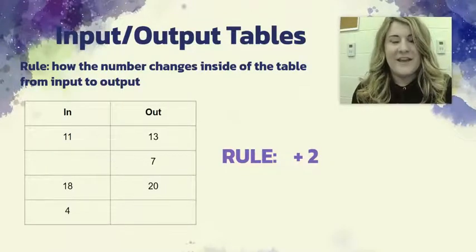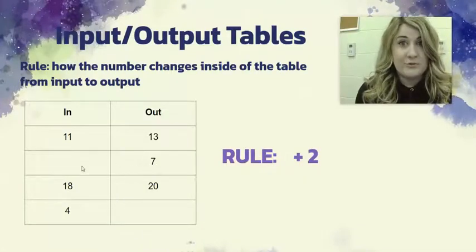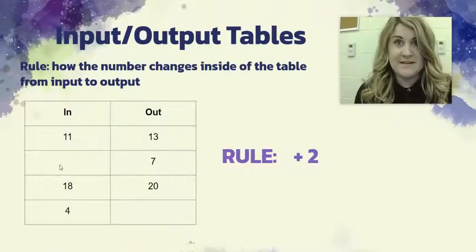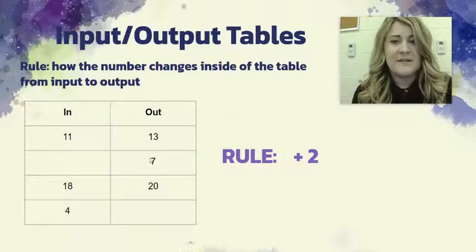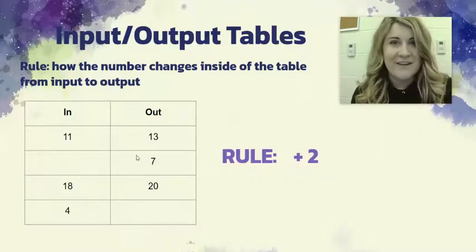Now, if we have the out, we're basically sending this number backwards through the machine, meaning we have to do the backwards rule to it. So instead of it being plus 2, we're sending it backwards through the machine. It's actually going to have to be minus 2 for it to work because we already have the answer. We already have the out number. I'm trying to figure out how I got from 2 to 7, okay?